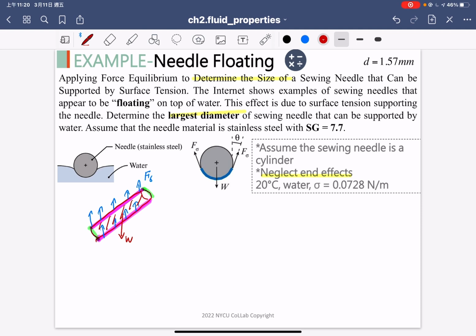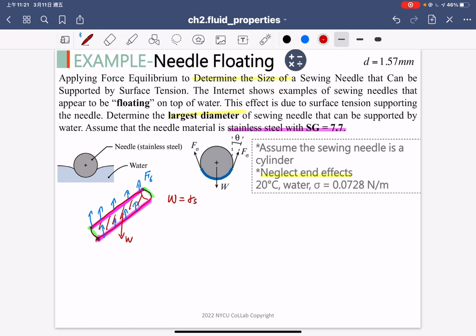We need to know the physical properties of the needle, because needles of different materials have different specific weights and provide different weights, right? The question already tells us the needle material is stainless steel with SG of 7.7. So first we need to compute the weight, and we need to know the gamma of steel.